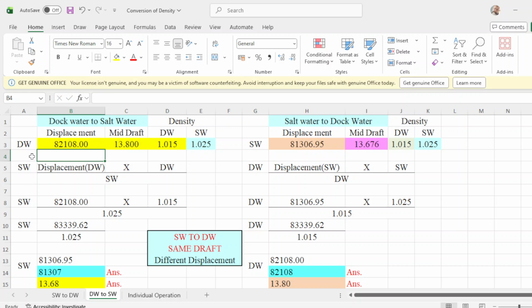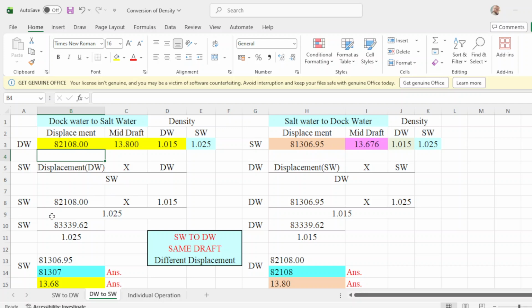So to compute for the salt water from dock water, the formula is displacement of dock water times your dock water density, or your DD, or local density, over your standard or constant of salt water.